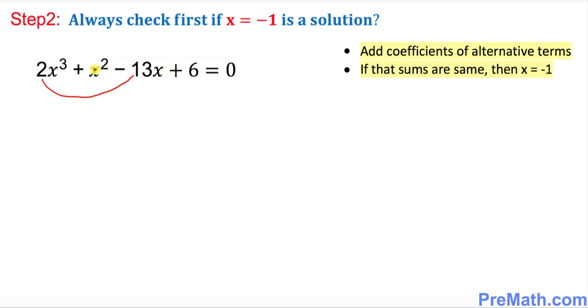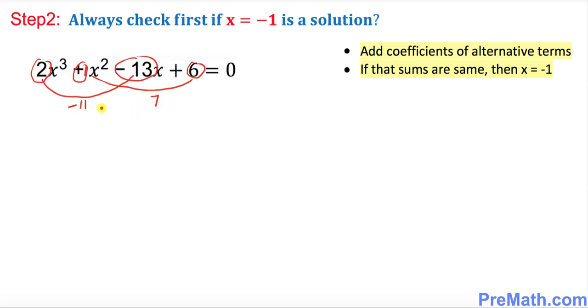If you add this coefficient 2 and this one, negative 13, the alternate terms' coefficients, that gives you negative 11, doesn't it? And this has a coefficient 1. If you add it to 6, it becomes 7.